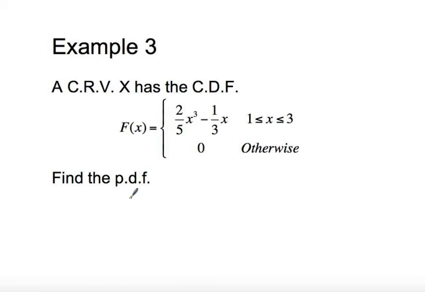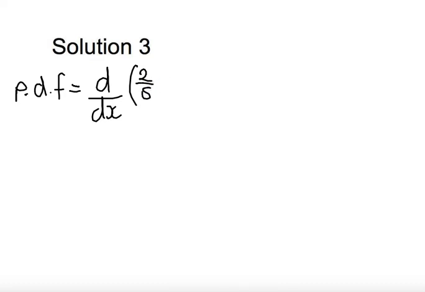Okay, so we're given the continuous random variable x has the cumulative distribution function 2/5 x cubed minus 1/3 x, defined for x lying between 1 and 3. We want to find the probability density function. So then the probability density function, p.d.f, is equal to, when we differentiate our original function, so we had 2/5 x cubed minus 1/3 x.